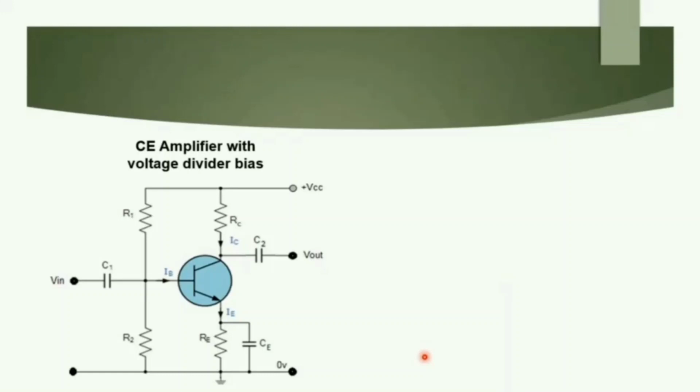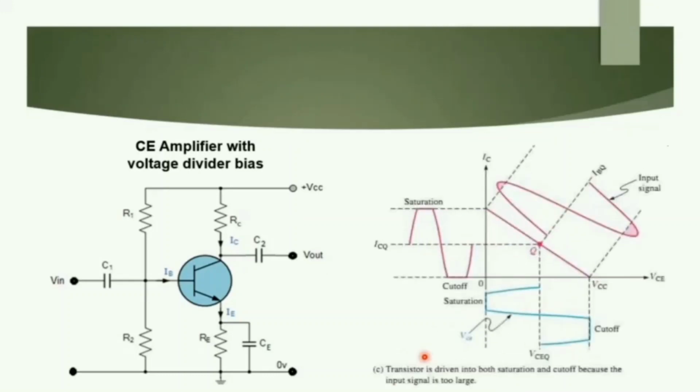Even with the correct biasing voltage set, it is still possible for the output waveform to become distorted due to a large input signal being amplified by circuit gain. As you can see here, the Q point is in the center of load line, but because the input signal is very large, there is still possibility of output getting clipped in both the cycles, positive as well as negative. Okay.